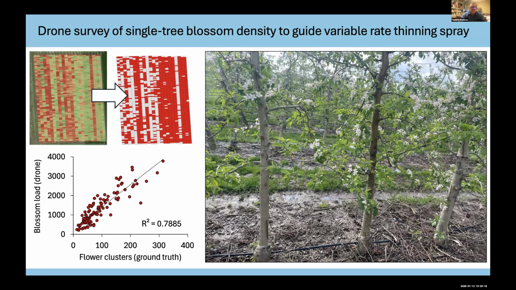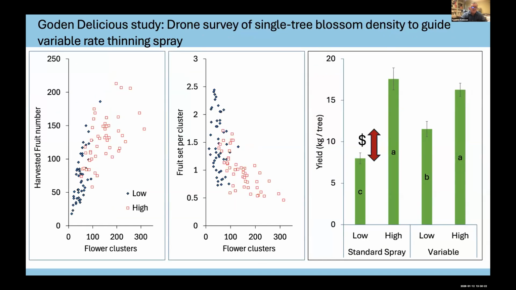We then categorized trees into two types after we took the drone image, either high bloom or low bloom. In the first figure on the left, the blue diamonds are the low blooming trees, and so they generally had less than 100 flower clusters. All of the open red boxes are the high ones we categorized as high blooming.